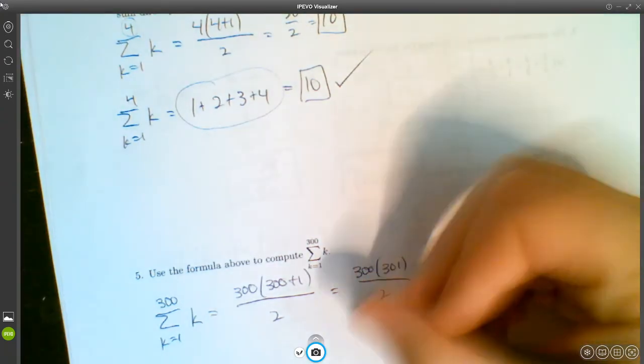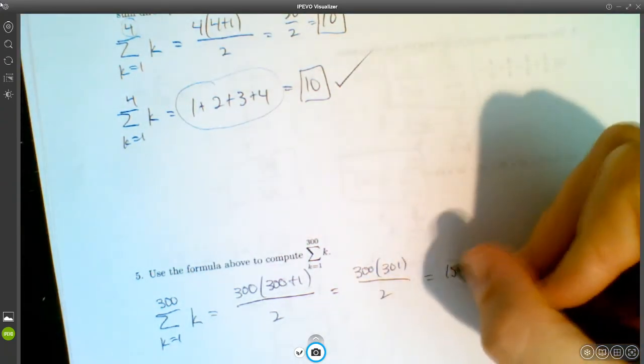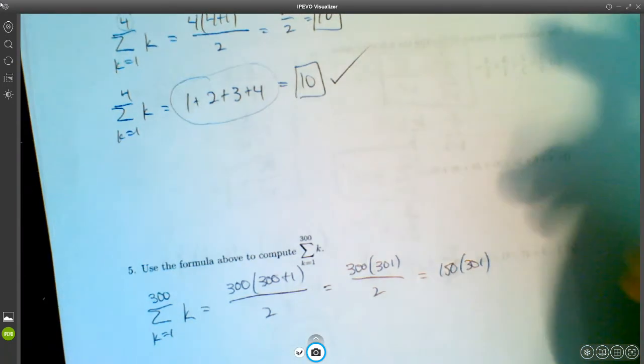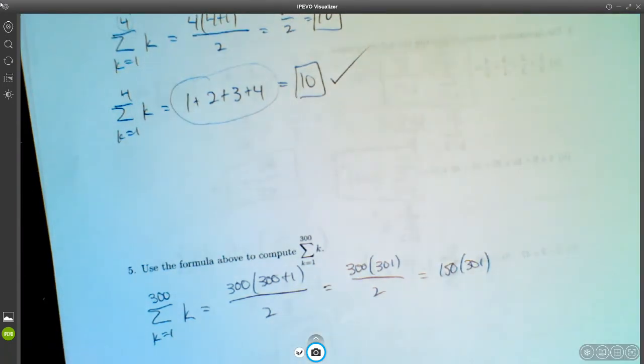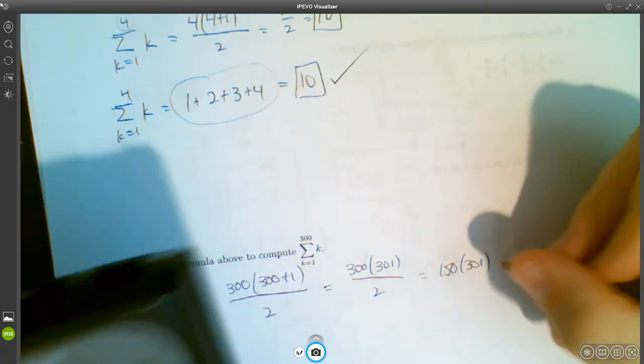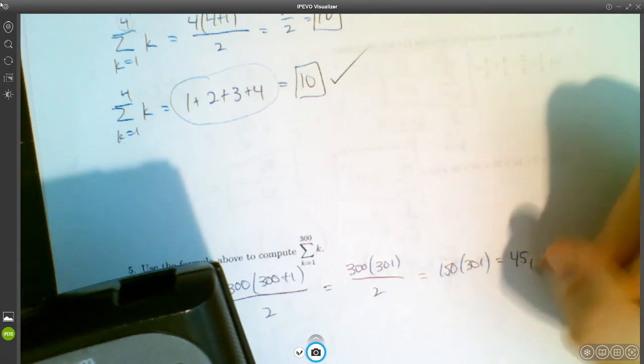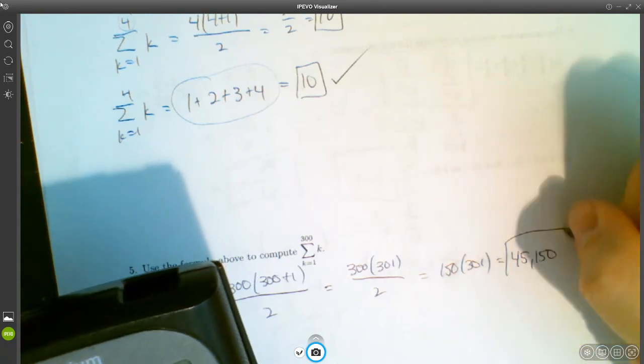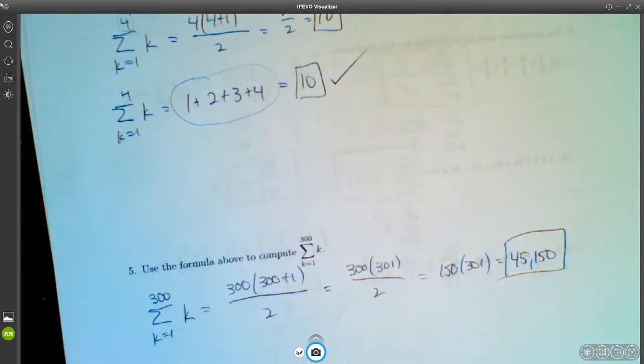If you like, you can cancel off a 2 and call it 150 times 301. Whatever, you're going to get the same thing. So what is this? 150 times 301 is 45,150. So you're able to get that sum almost instantaneously. It's a really nice formula. It's a really cool thing.